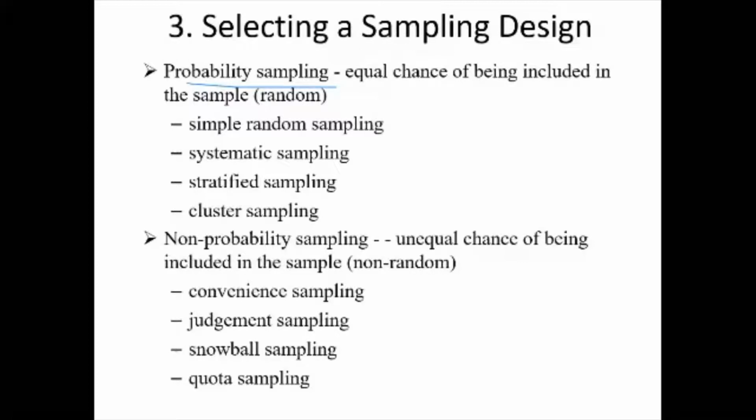You understood? If I select randomly from the whole student population without considering any department or gender, that is called probability sampling.